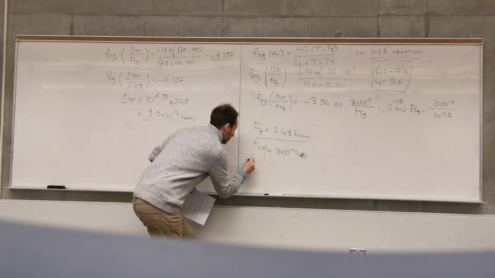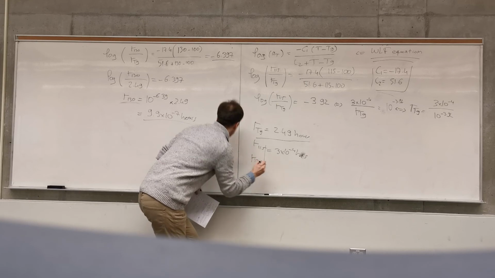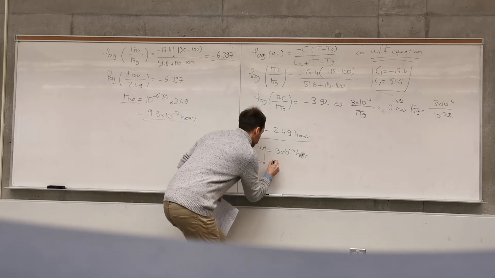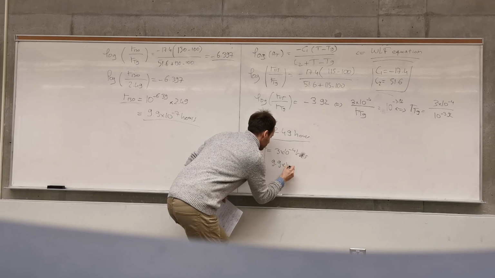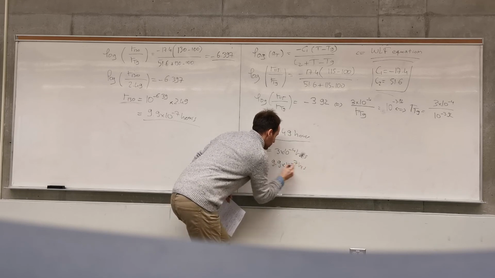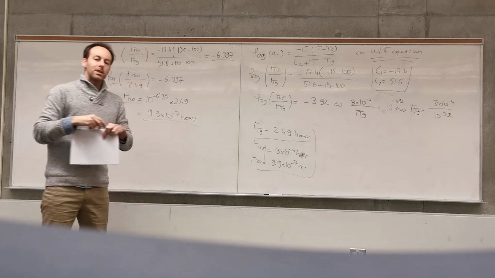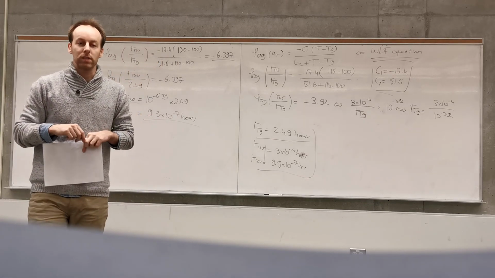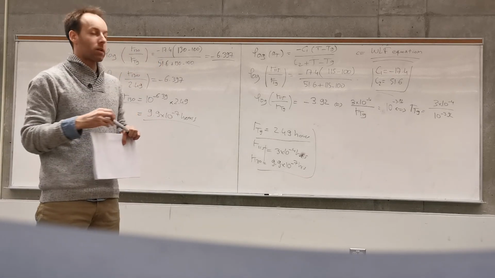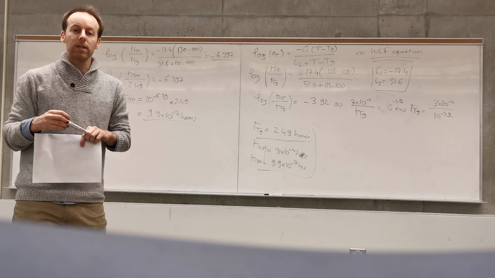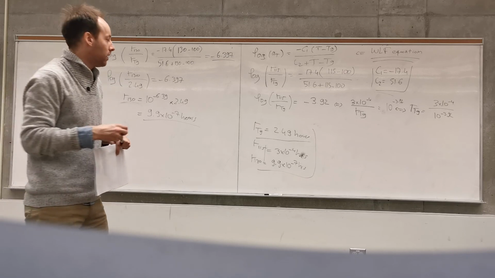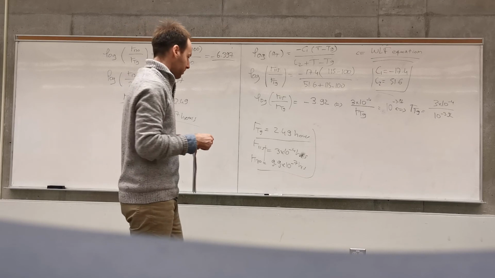And now at 130, we need 9.9 times 10 power minus 7 hours. So you can see how fast the time changes. The effect of the temperature is quite drastic on the viscoelastic property of polymers over time.